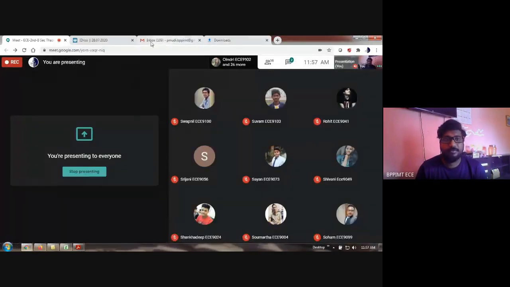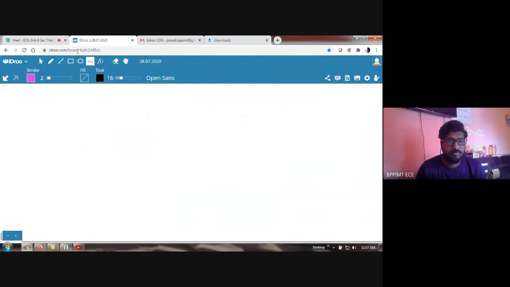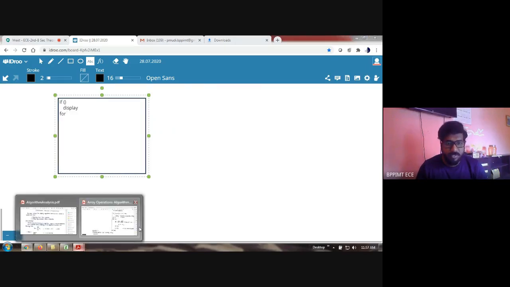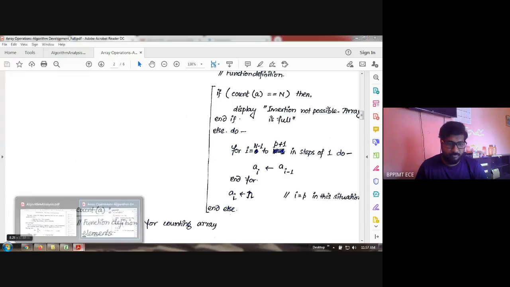Then the display statement, and then the for statement: for i equal to n minus 1 to p plus 1.